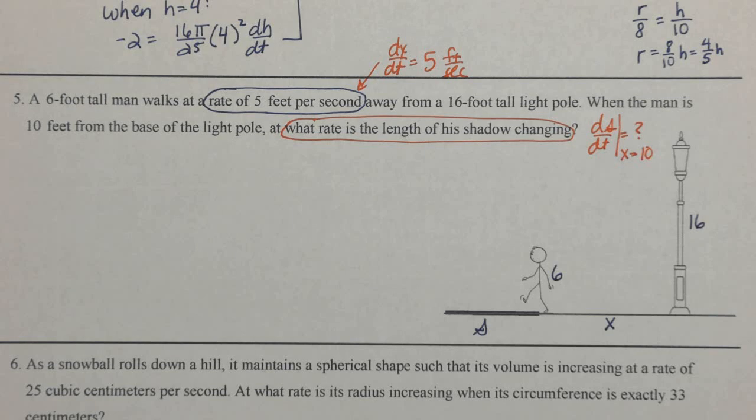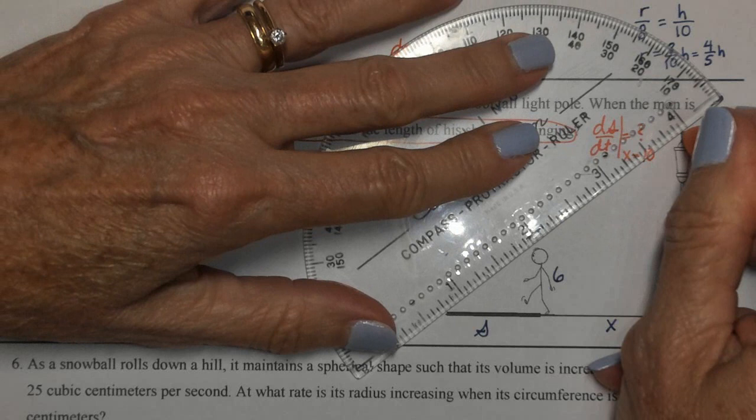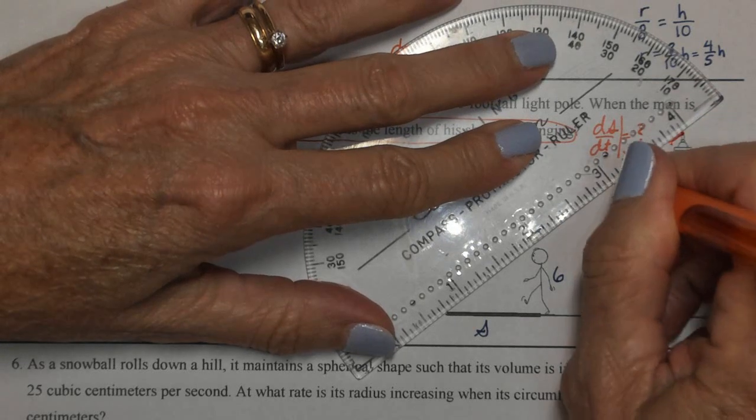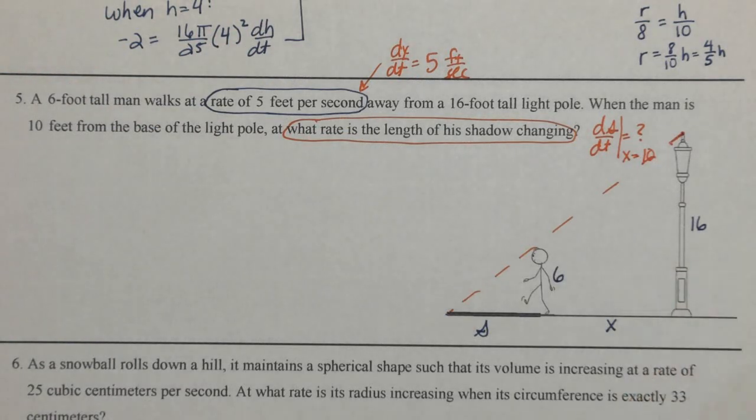I need an equation that relates x and s. So what will that be? Well, where is the shadow? That's how a shadow is formed. If the light is coming from the light pole, I'm assuming it is here.